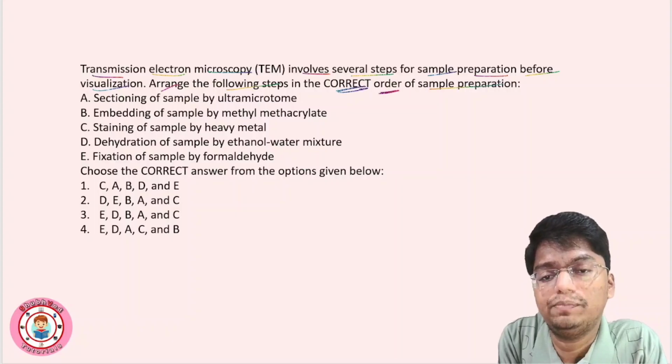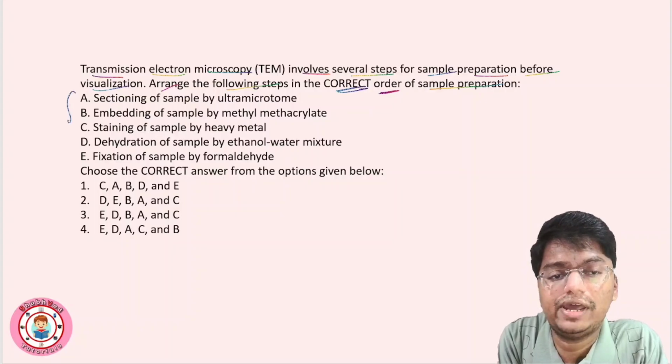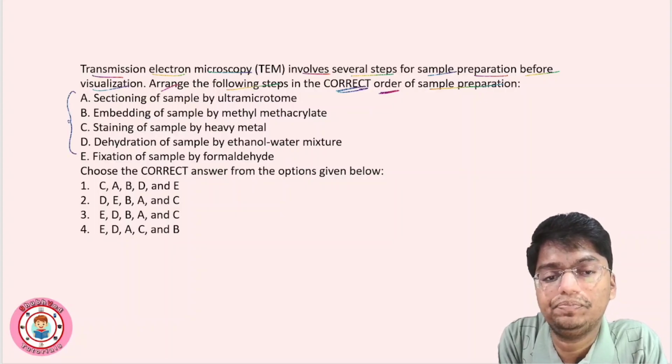There are 5 points, A, B, C, D, E. A is sectioning by microtome, then embedding of sample by methacrylate, then staining of sample by heavy metal, then dehydration of sample by ethanol water mixture, and then fixation by formaldehyde.